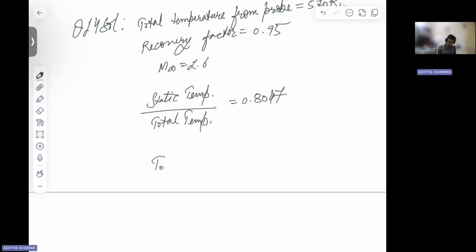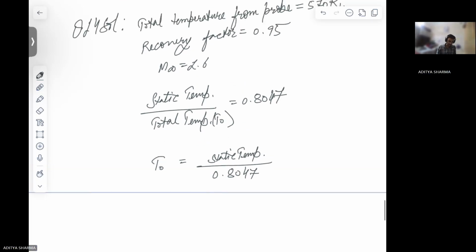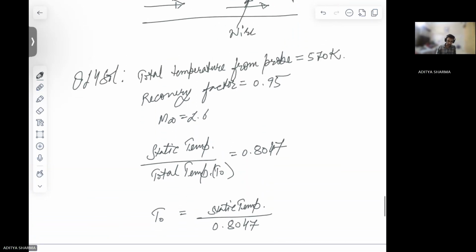Let's call it T naught. So T naught becomes static temperature divided by 0.8047.